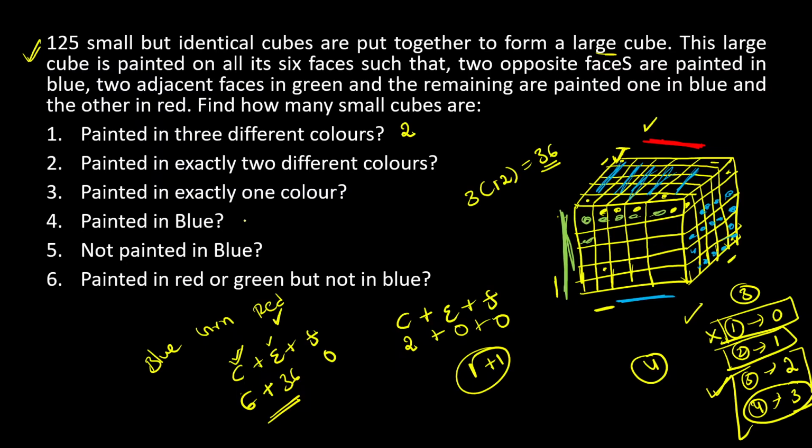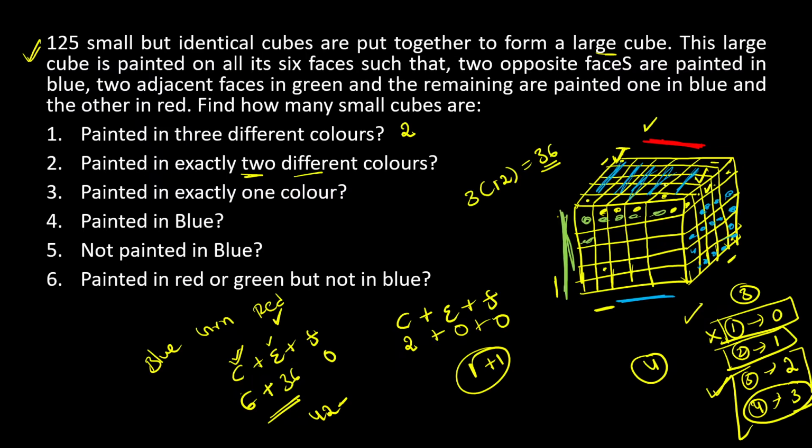But what is the required thing now? The cube which is painted in exactly two different colors. So out of these, I will try to figure out the cubes which are painted with exactly one color. I am sure this face is painted in blue, even this face is painted in blue. So we considered these three earlier.